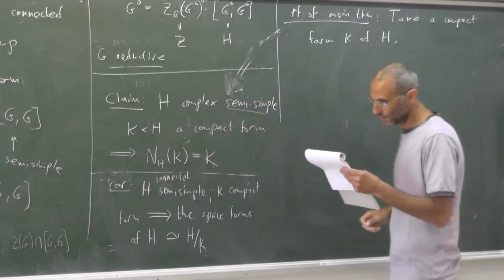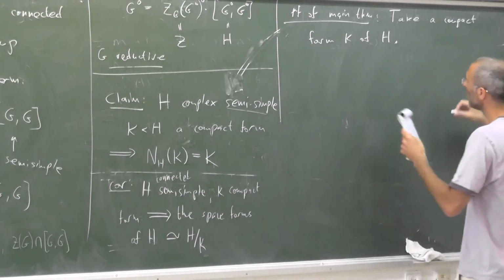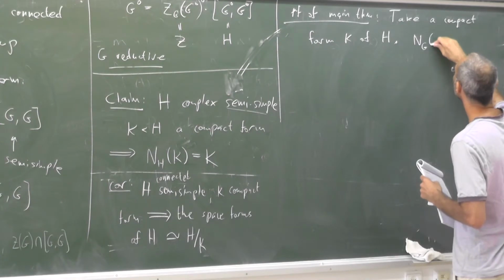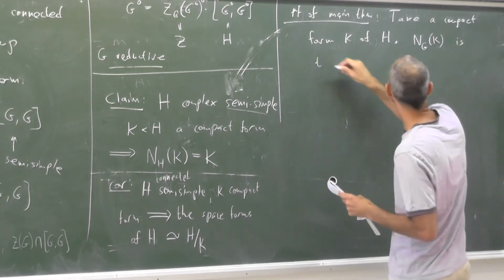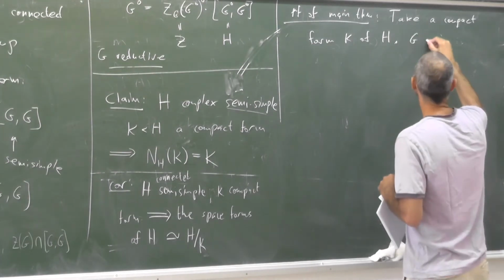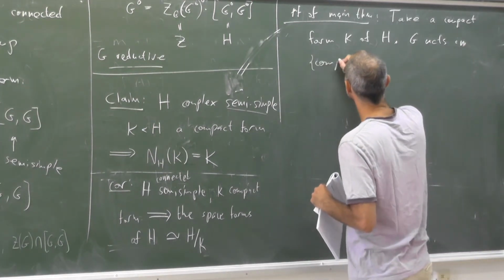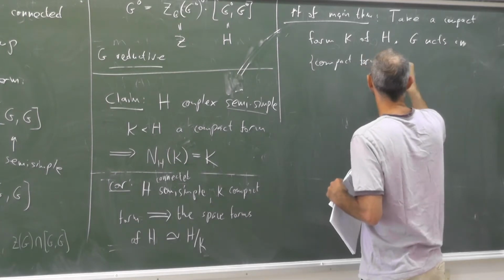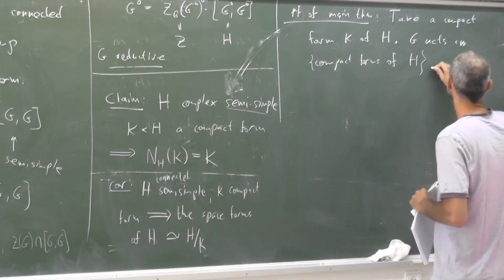Again, of that H. And now I want to look at the normalizer in G of that K. G acts on compact forms of H on that space, whatever structure you give on it.